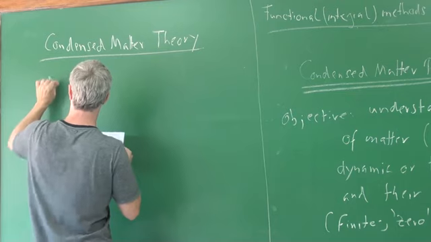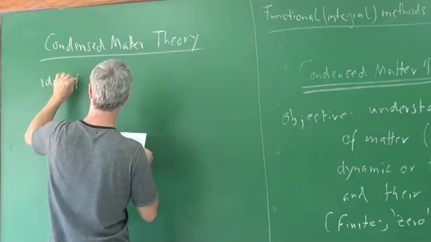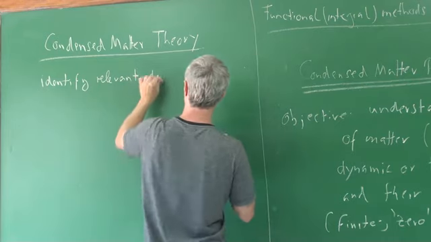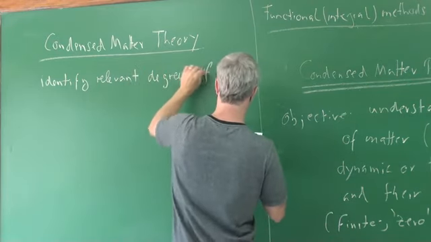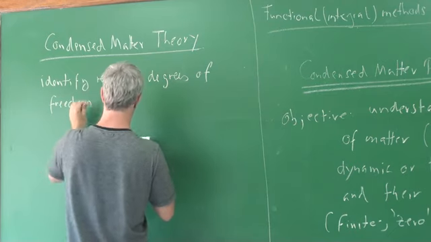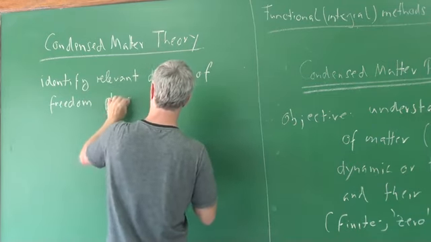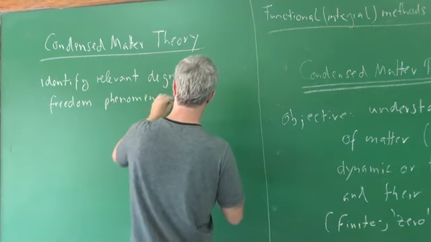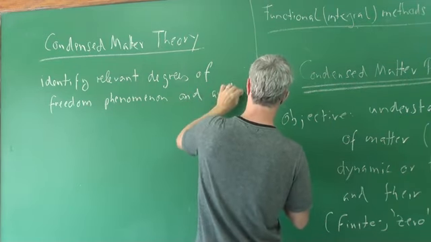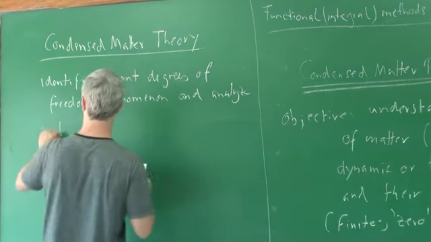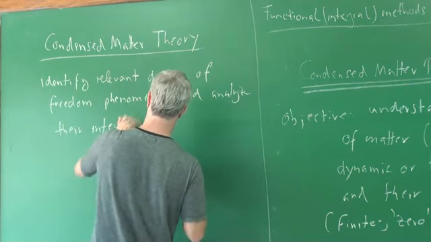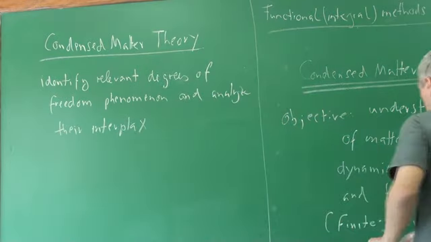The task in condensed matter theory is to identify the relevant degrees of freedom for a given or predicted phenomenon, and then to analyze the interplay.